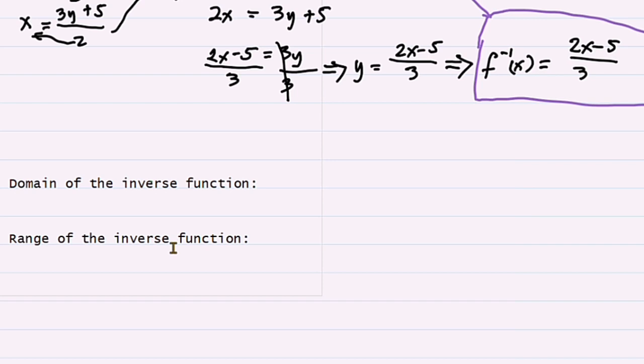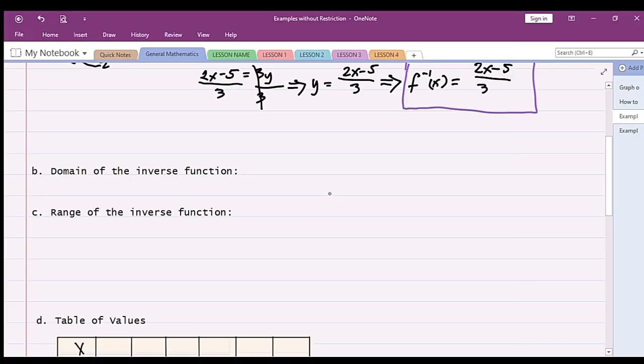For our domain, we look at the inverse of the function. Since the inverse of a function has no restriction, and also the inverse is a kind of linear function, we all know that the domain and range of a linear function without restriction is the set of any real numbers.